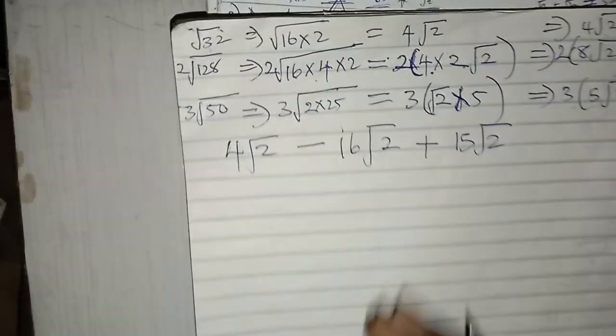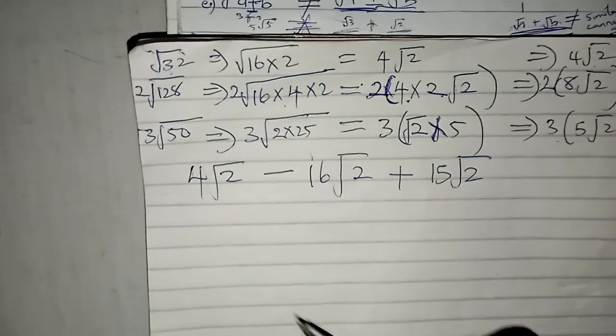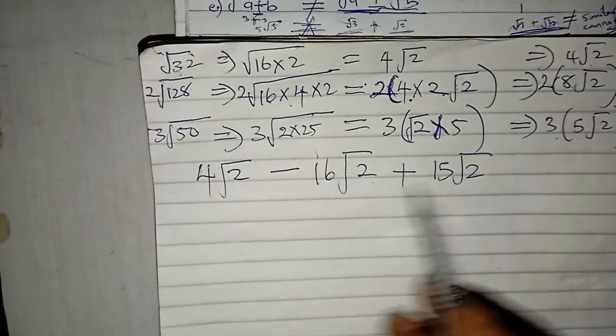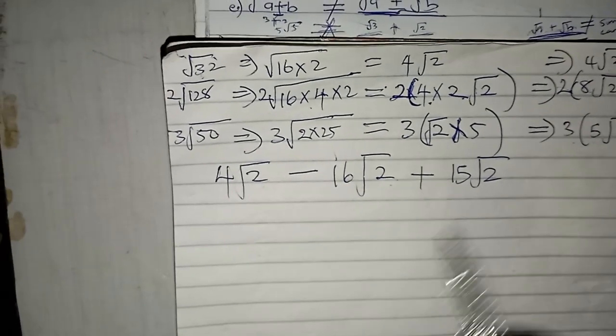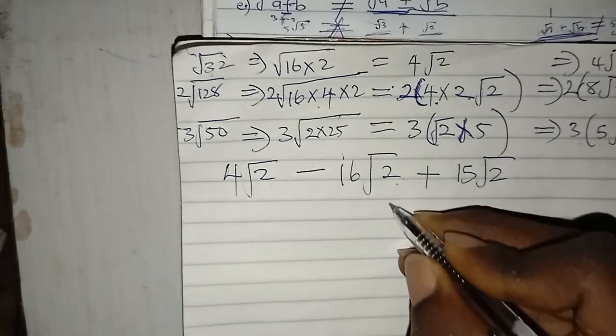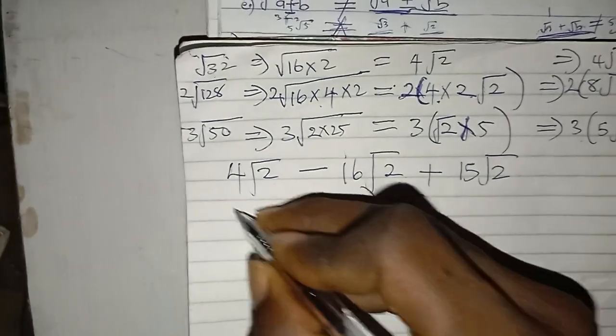So see that we've been able to do this, and you can see clearly that they are similar sorts. Their roots are the same. So I can just add up. I can just bring out the root 2, then add up.